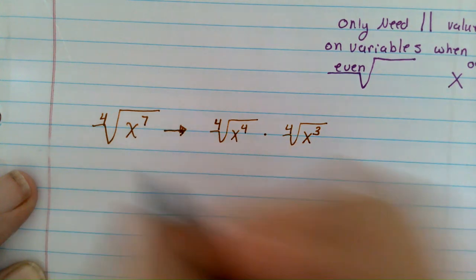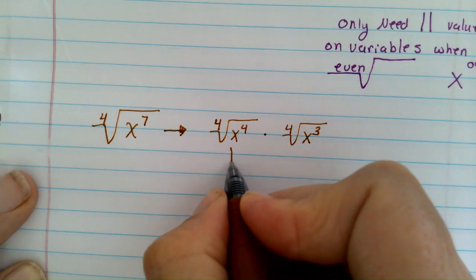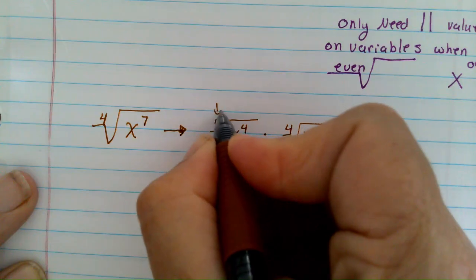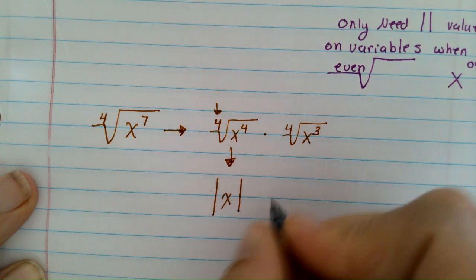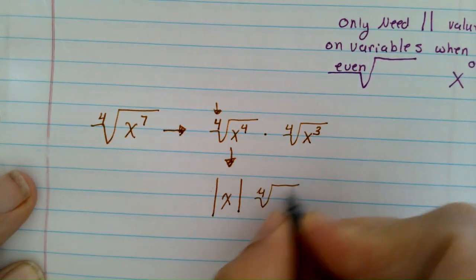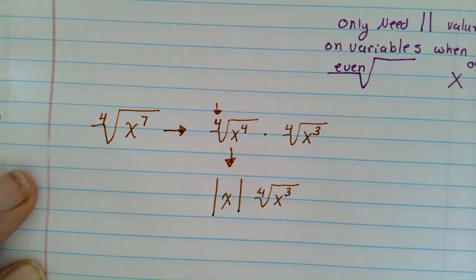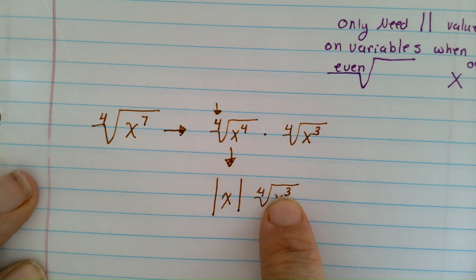We split it up using our powers. This, that's even, so we're going to need our absolute value. And that would be our final answer, because it's reduced because the number inside is smaller than the number outside.